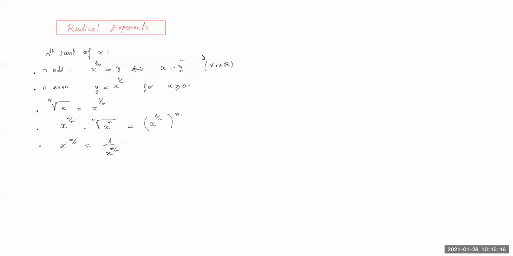Mainly this is what you need to know. Be careful only about the parity of n. If it's odd, the nth root is defined for any real number, while when n is even, it's defined only for x positive.